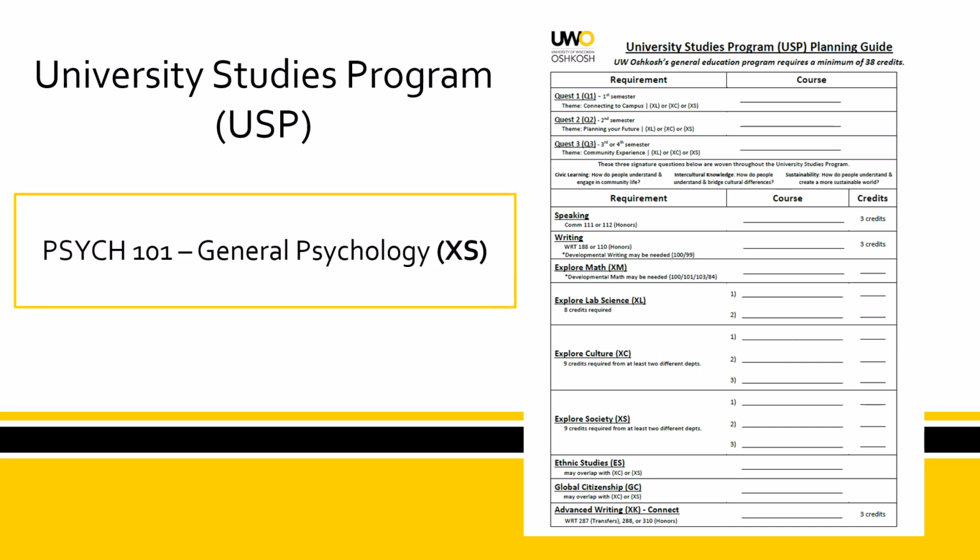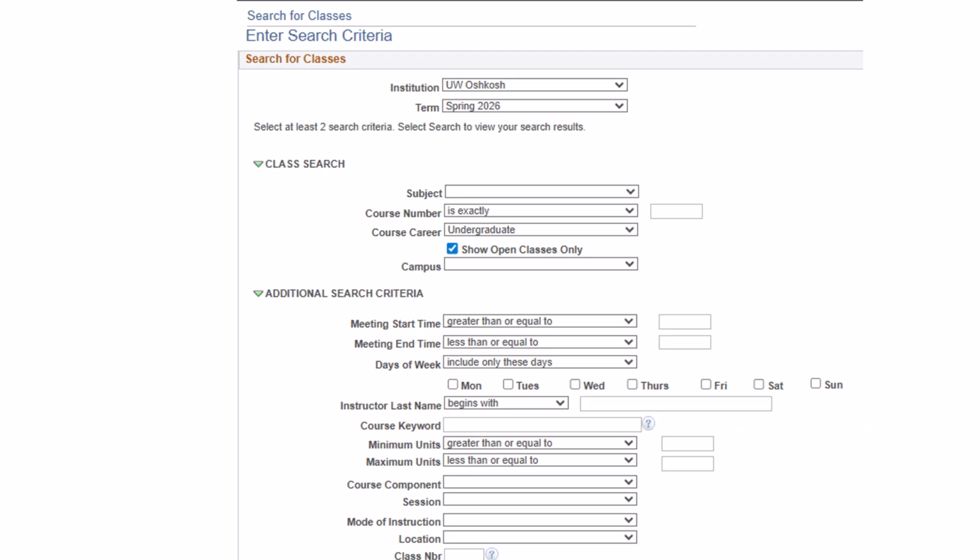For example, Psych 101, General Psychology, XS. The XS in the parentheses is the course keyword, and that identifies what USP requirement it fulfills. We can use these course keywords in the Search for Classes page to help identify course options for remaining USP requirements you may have. Back to the Search for Classes page.